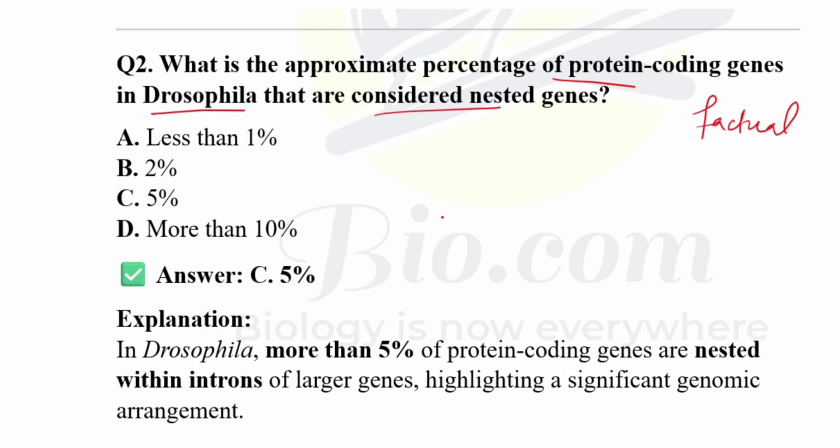So it is about 5%. In Drosophila, more than 5% of protein coding genes are nested within introns of larger genes, highlighting a significant genomic arrangement. So you have to remember that approximately it is 5%.